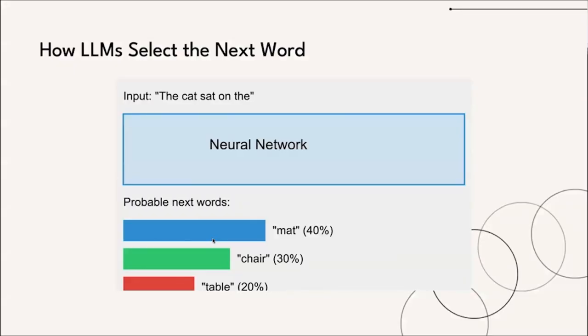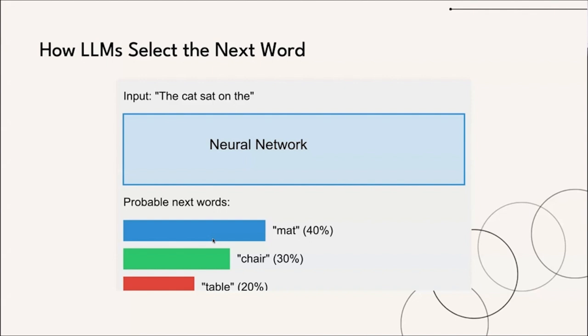All right, so let's talk about how neural networks work, right? It's always important to know how something works under the covers to understand how to attack it. And what you see here is a sample input: The cat sat on the ... right?